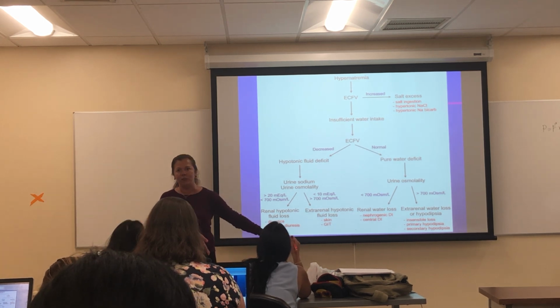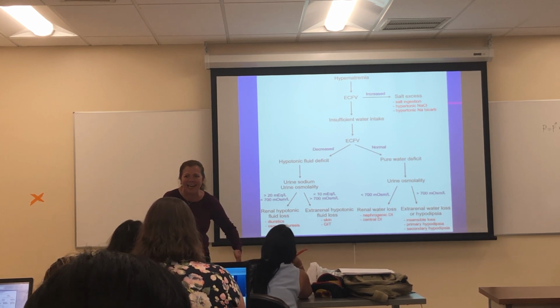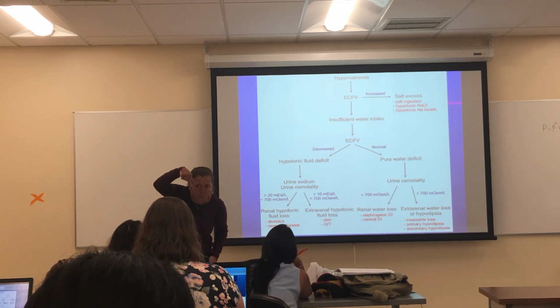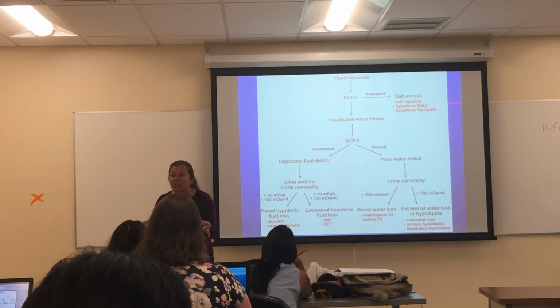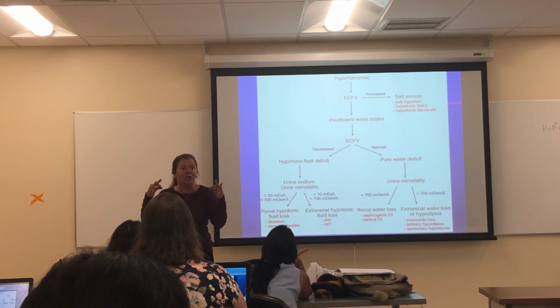Diabetes insipidus, yes, hypernatremia, hyperosmolar in plasma, but the urine osmolality will be low, going down. Why? Because it's crystal clear urine, hypotonic urine, no solutes.